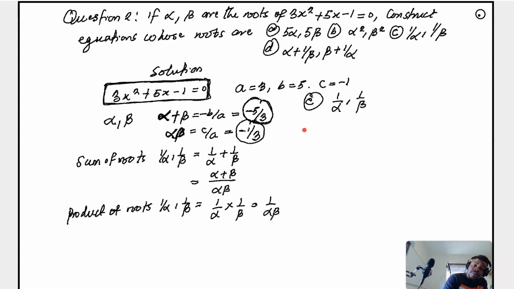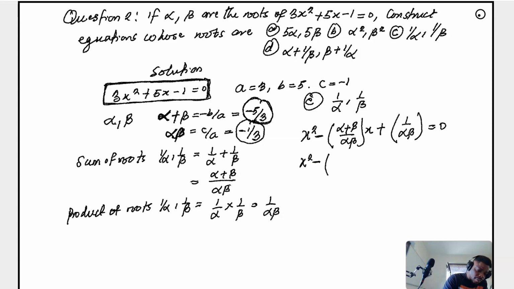So here, let's use our equation when constructing. That is x squared minus the sum of roots, x, plus the product of roots, equals 0. Our sum of roots is this, as we have gotten, alpha plus beta over alpha beta, and our product is 1 over alpha beta. So x squared minus, alpha plus beta is minus 5 divided by 3.